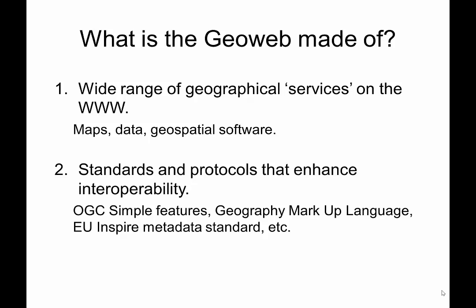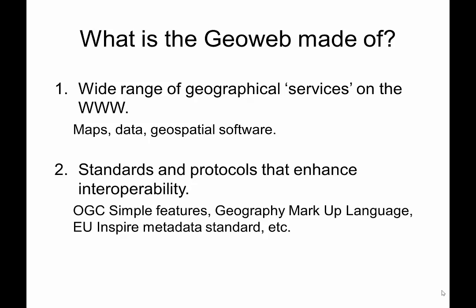And to make these work, and more importantly, work together and with other bits of software, we not surprisingly need standards and protocols to ensure that the various services on the internet and the data and the maps are interoperable, that people can take those various components, rehash them into new products. So what are those standards and protocols? What am I actually talking about?